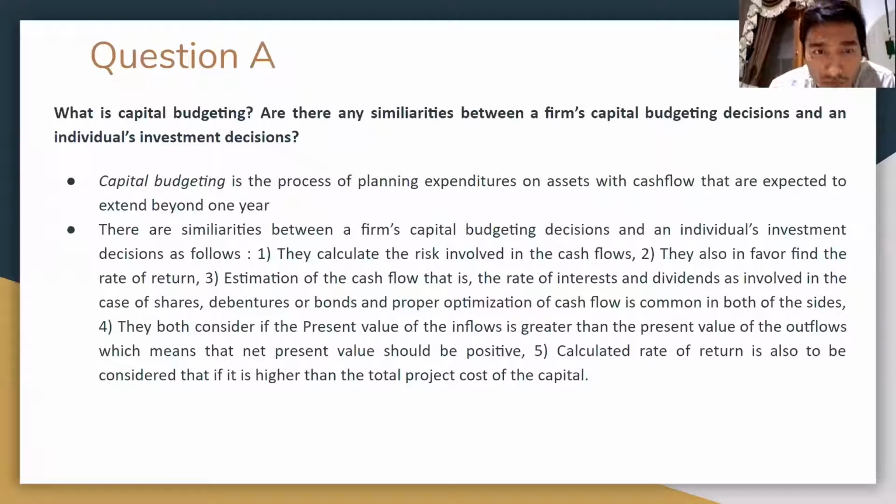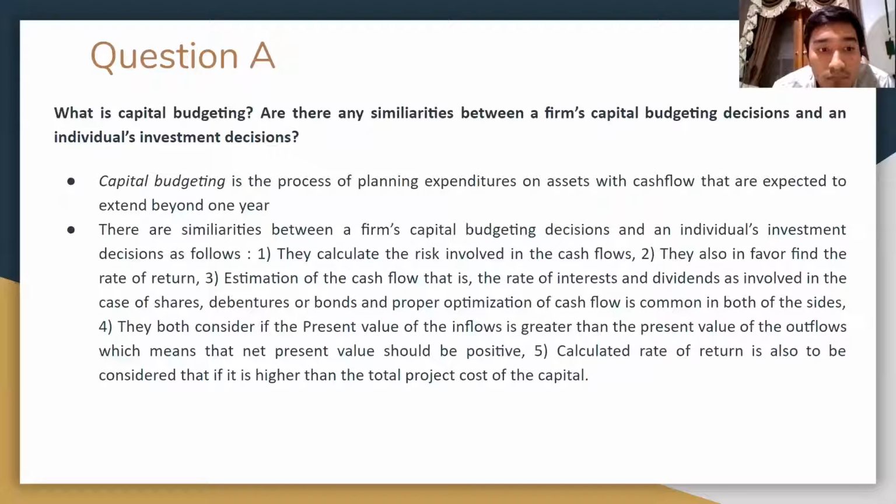Are there any similarities between firm capital budgeting decisions and individual investment decisions? These are the similarities. First, they calculate the risks involved in cash flow, and they find rate of returns.